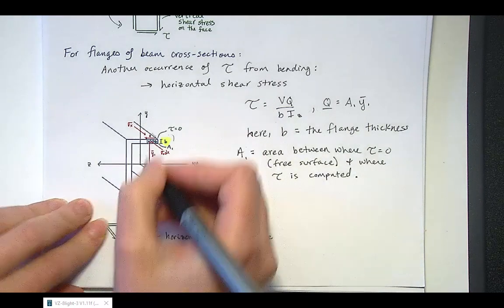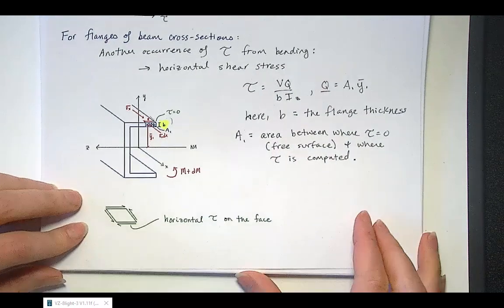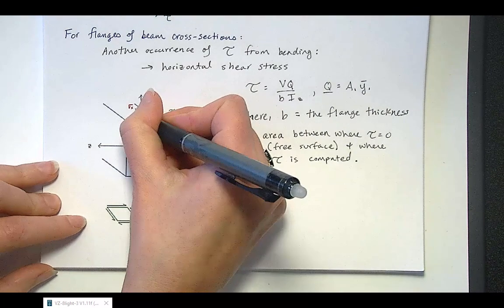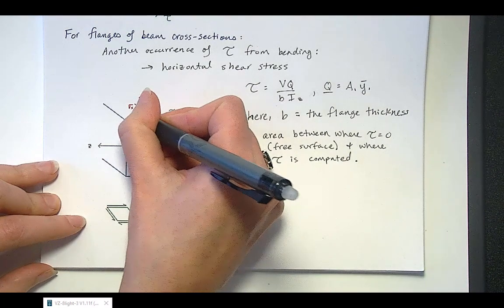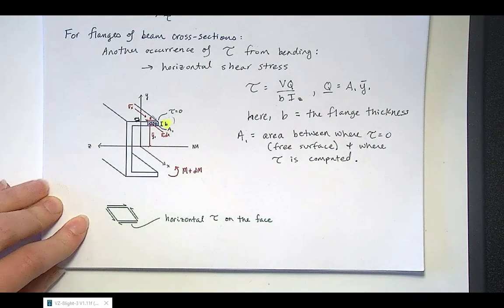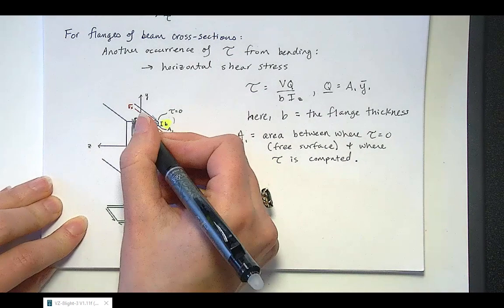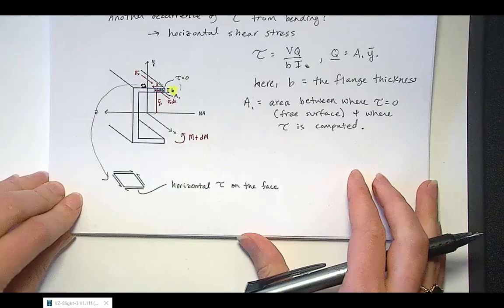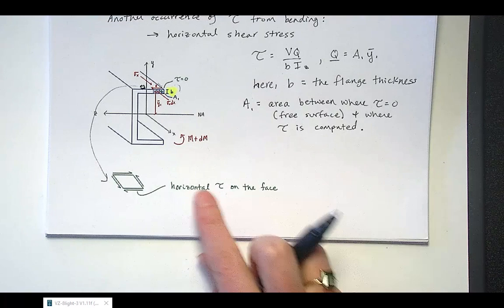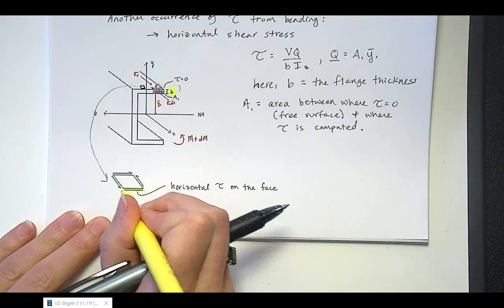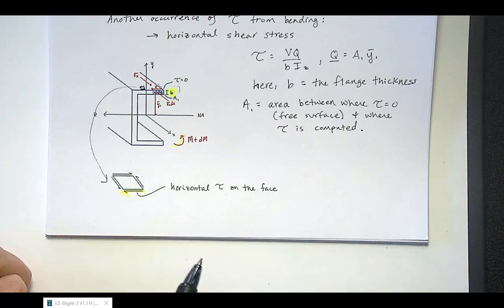So now if we look at what that shear stress looks like on a little piece taken on the horizontal segment there, it will look something like this. So these directions shown are the directions that apply to the top flange under positive bending.